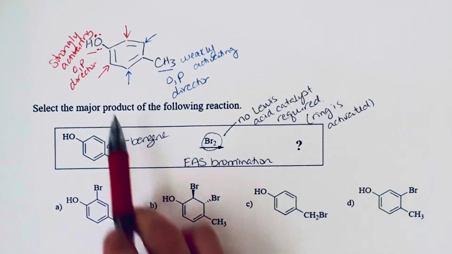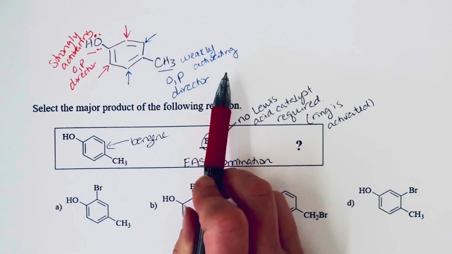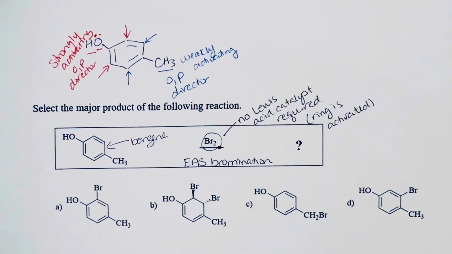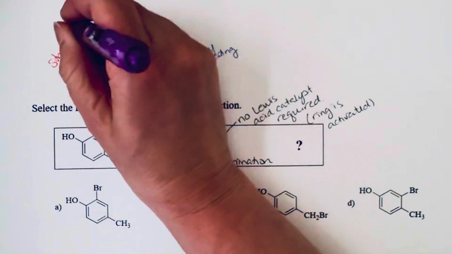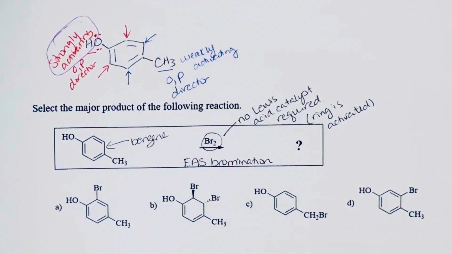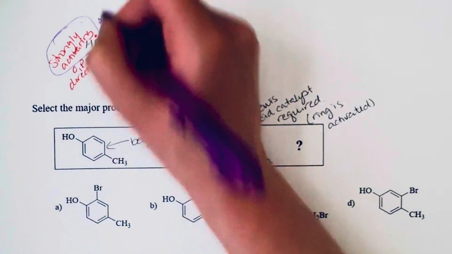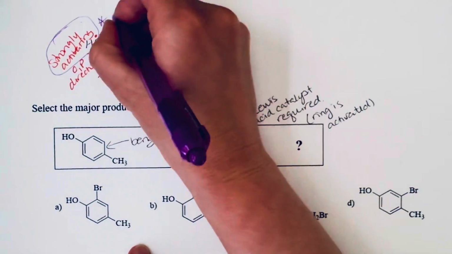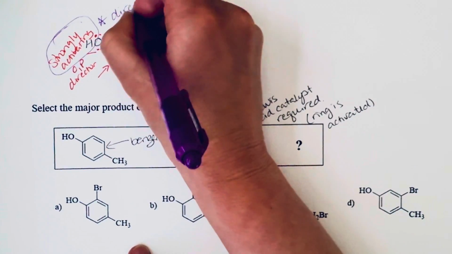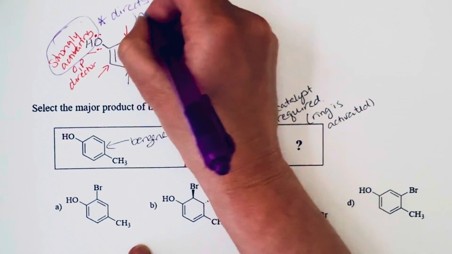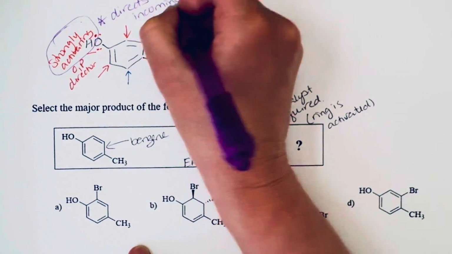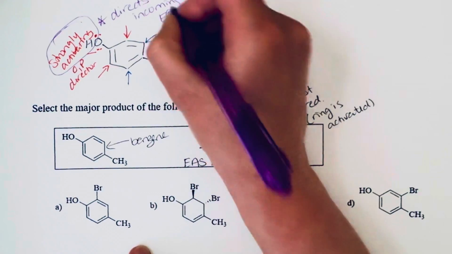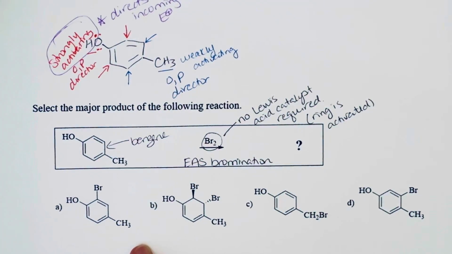And when you've got one group that is strongly activating, one that is weakly activating, your group that is strongly activating is going to be the one that's going to dominate. That is going to be the one that will direct your incoming electrophile. So E+ as an abbreviation for electrophile.